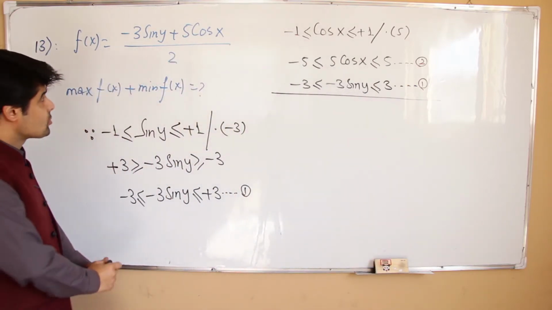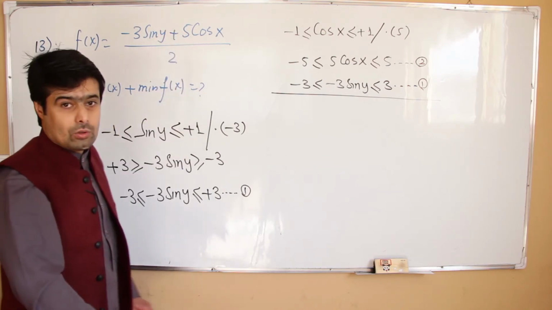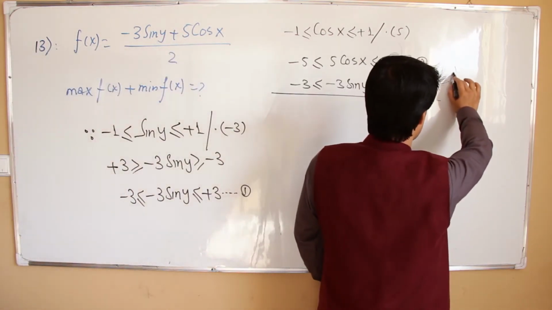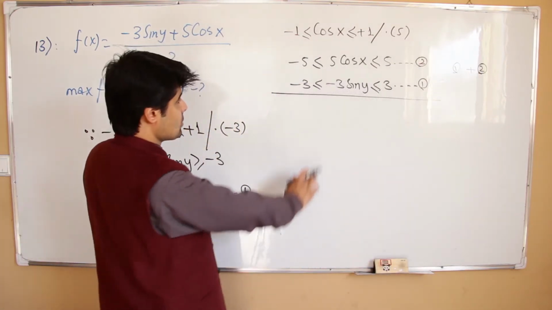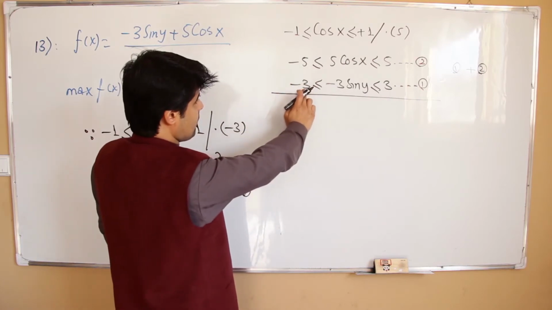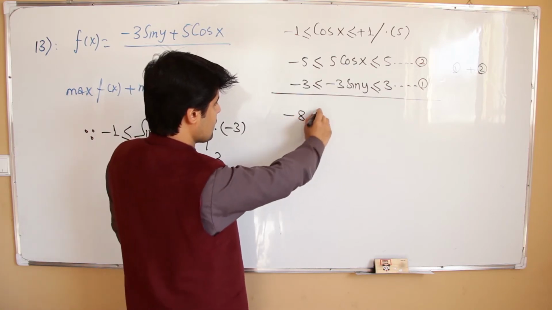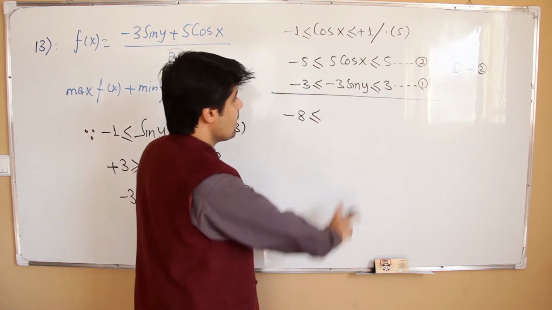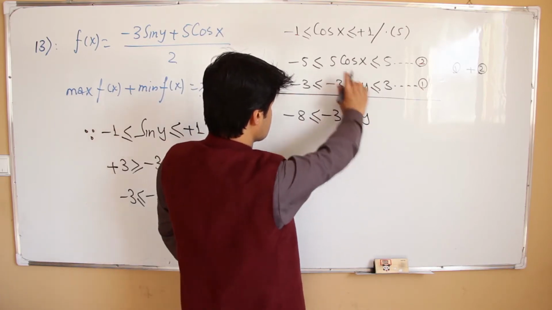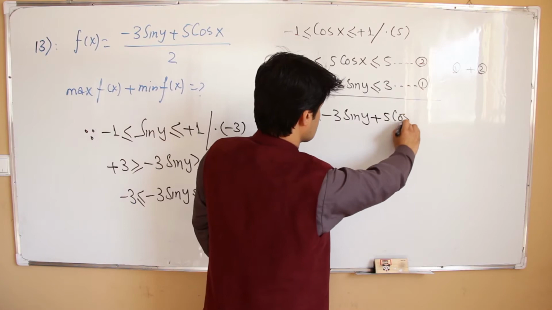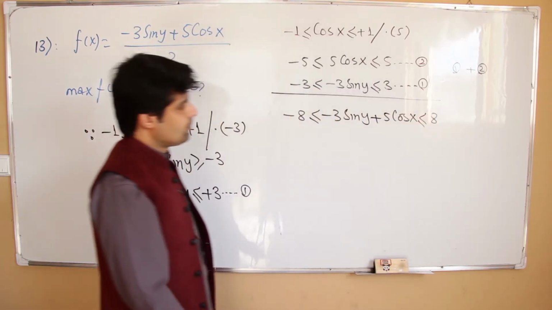Now in the question we have the summation of both inequalities, so I will add the first with the second. So what do we have? Minus 3 minus 5, it is minus 8. Am I right or not? Yes. Minus 3 sine y plus 5 cosine x, and 5 and 3, it is 8.